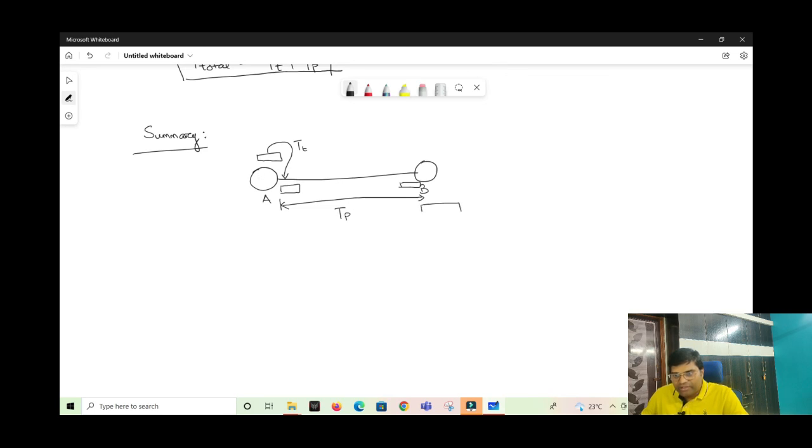After reaching here it should wait in the buffer or queue, and that is called the queuing delay. After this, the system processor takes it and processes it, and that is called the processing delay.